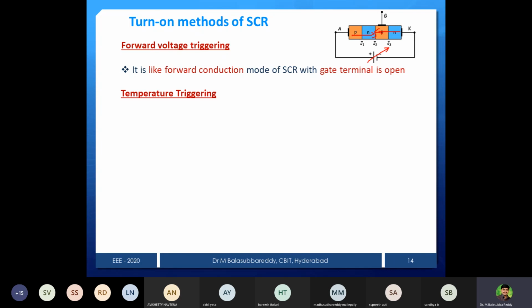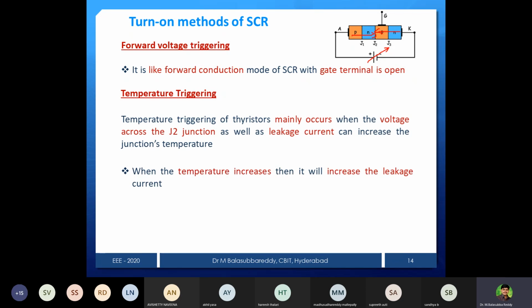Whenever the temperature rises, the heat sink will absorb the heat, so it maintains the temperature within the limits. Once the temperature is within the limits, it will not trigger. That is the unwanted triggering, but it will happen if you do not take care of it. So to prevent temperature triggering, we need to use heat sinks.